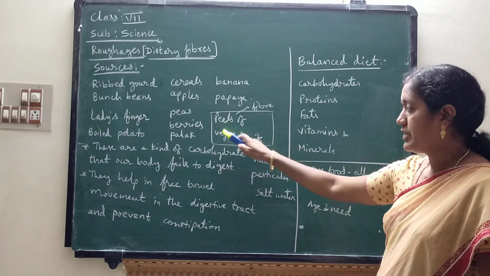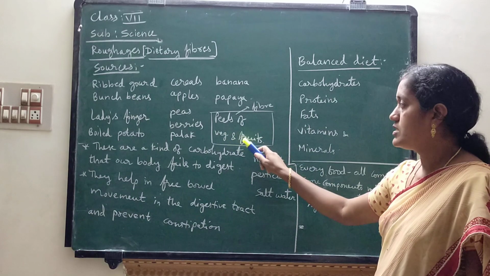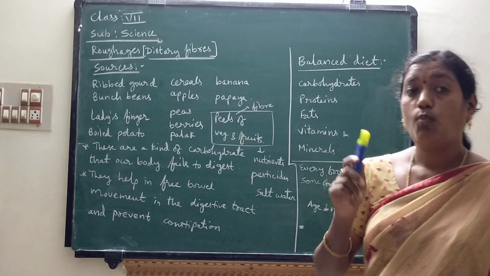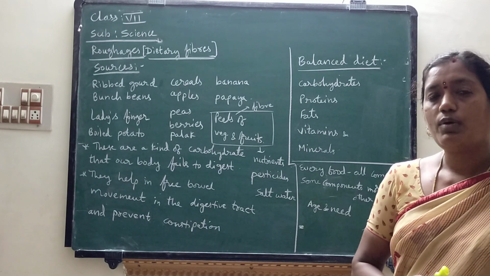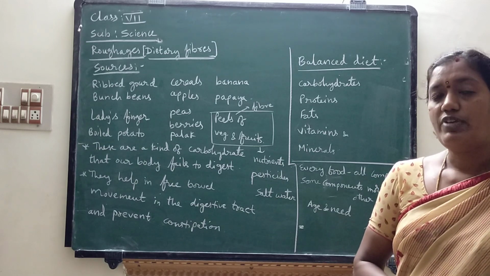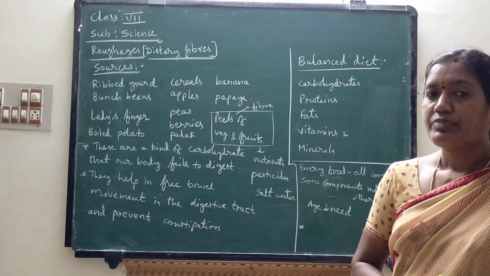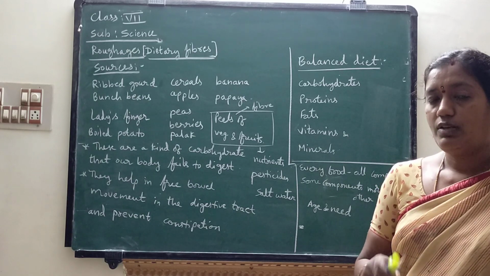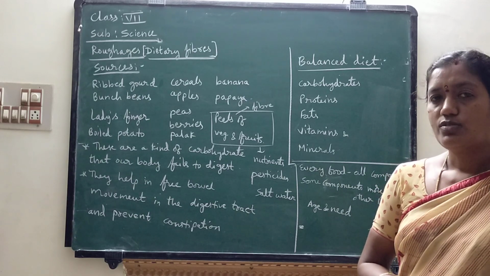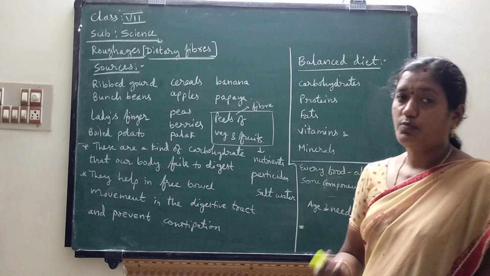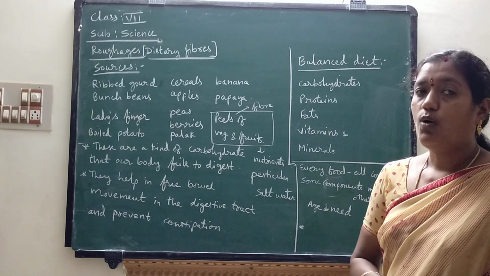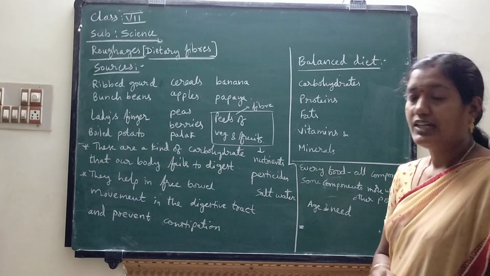So here, children, these peels of vegetables and fruits contain more fibers. Some vegetable peels can be cooked and made into a pickle. So we can make peels of vegetables into pickles in order to have more fibers in our diet.